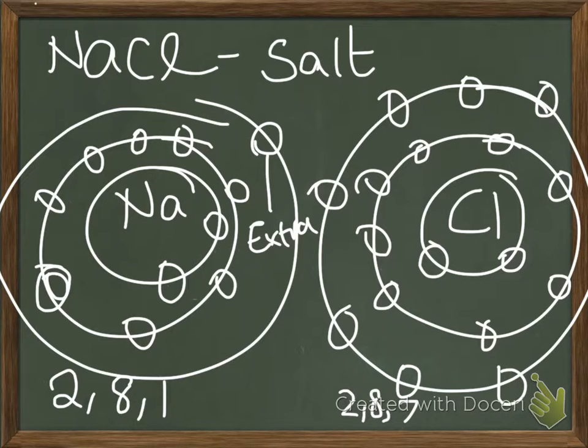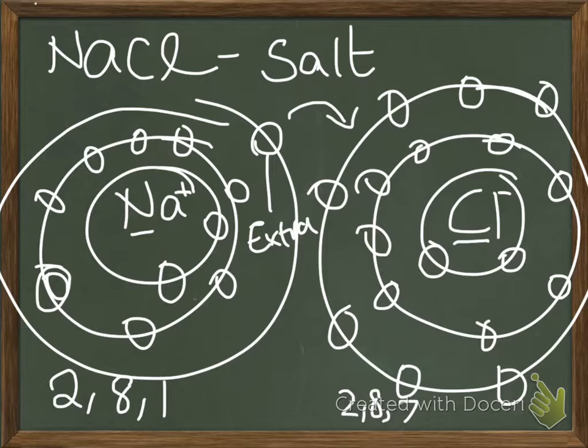So when sodium reacts with chlorine, the one electron gets transferred to chlorine. Now sodium becomes a sodium ion and chlorine becomes a chloride ion. This is one example of ionic bonding.